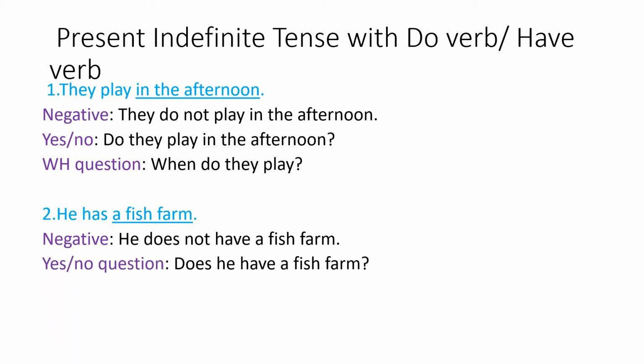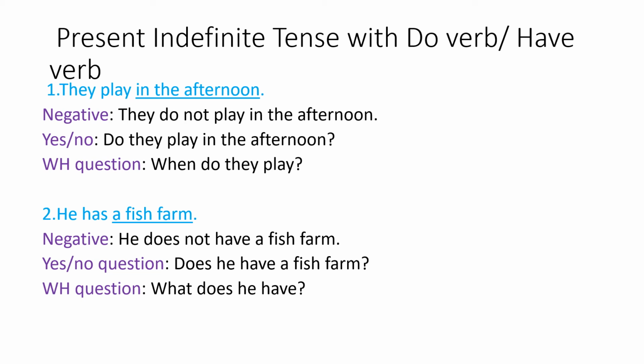Interrogative, or yes, no question. Just put the auxiliary verb does before the subject. Does he have a fish farm? Question mark. Does he have a fish farm? And to make W's question, I have underlined a fish farm. So W's question: what does he have?